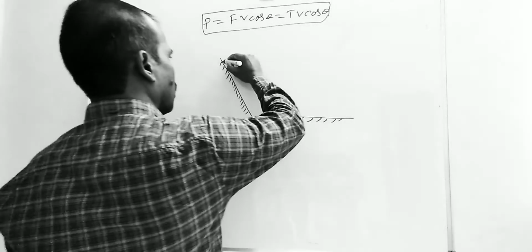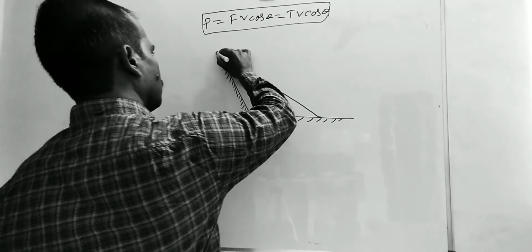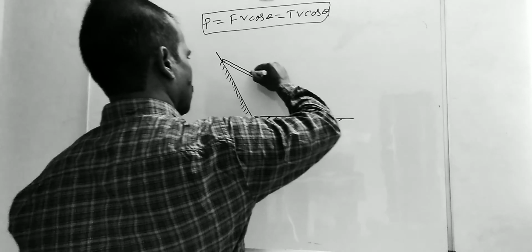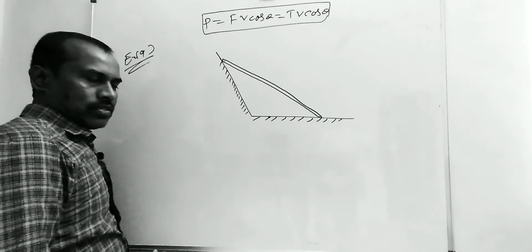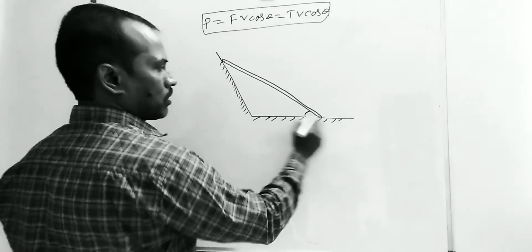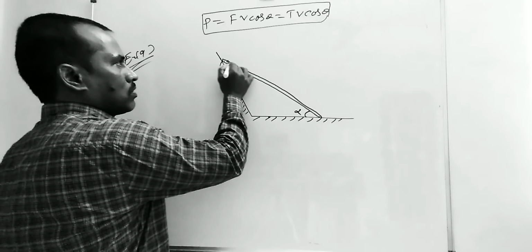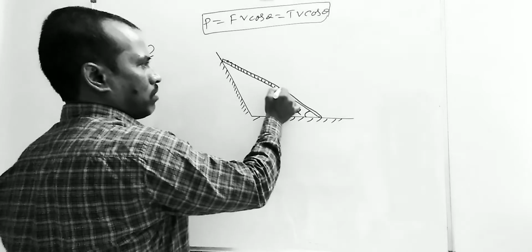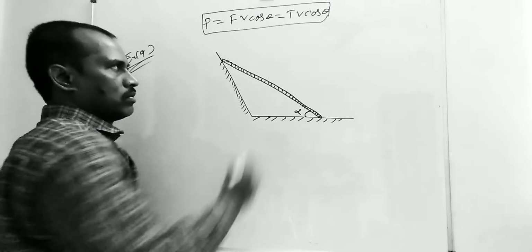This is the rod, inclined on the two surfaces. The angle between the horizontal and this rod is alpha. Imagine a string along this rod.